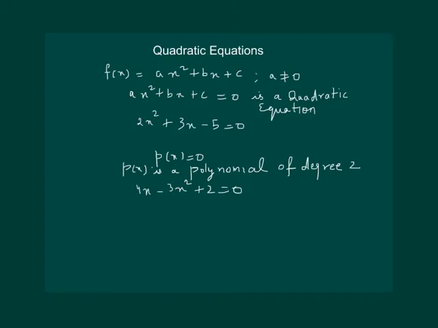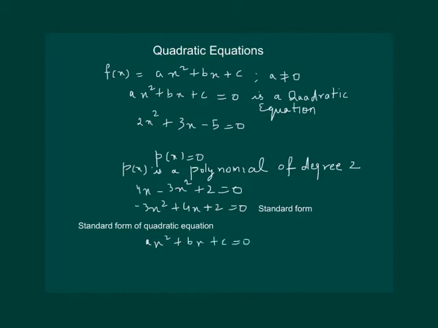If we rewrite this as −3x² + 4x + 2 = 0, then we get the terms of p(x) in the descending order of their degrees, and it is said to be in standard form of the quadratic equation. That is, ax² + bx + c = 0, such that a is not equal to 0, is called standard form of quadratic equation.